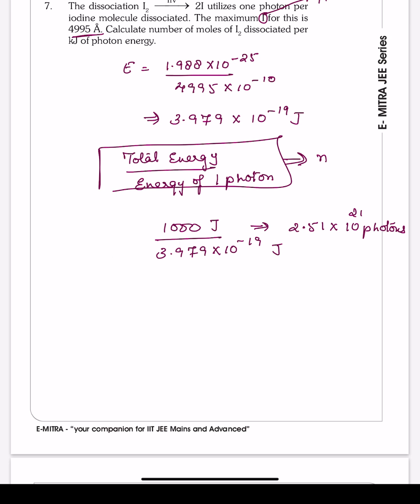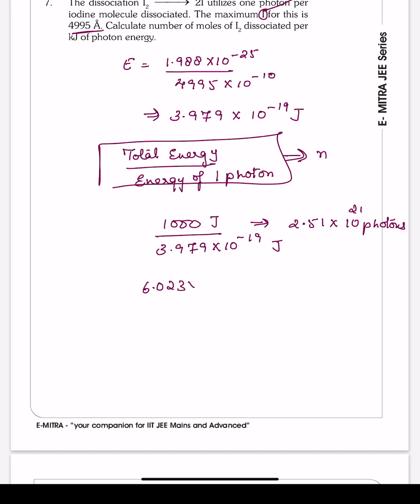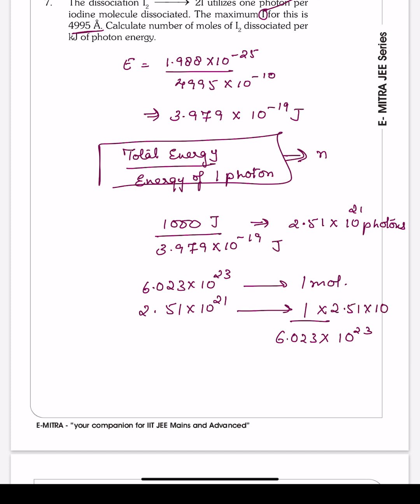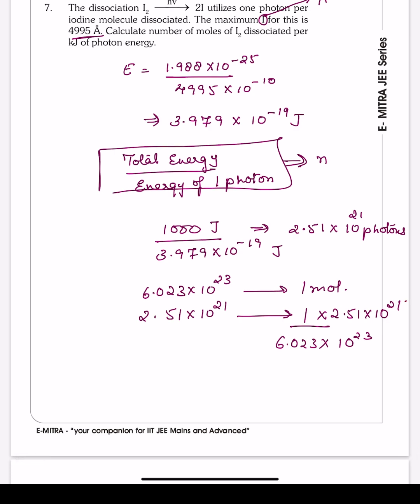So how many moles will it be? 6.023 into 10²³ photons is 1 mole, so 2.51 into 10²¹ photons will be how many moles: 1 upon 6.023 into 10²³ into 2.51 into 10²¹.